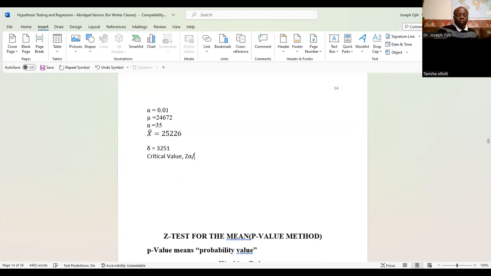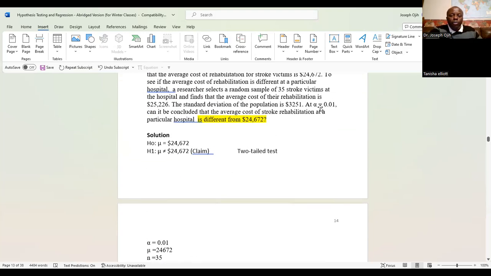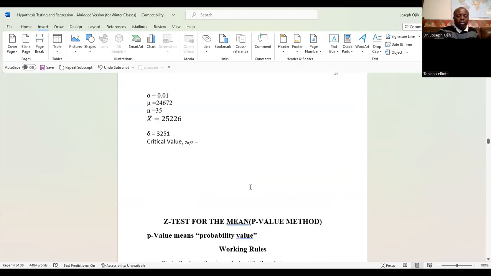Alpha is 0.01, which means you have a 1% chance of committing a type 1 error, so your chance of being correct is 99%. So this is going to give us 99 over 200.